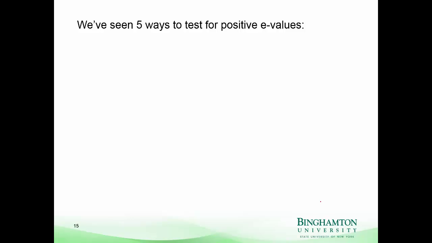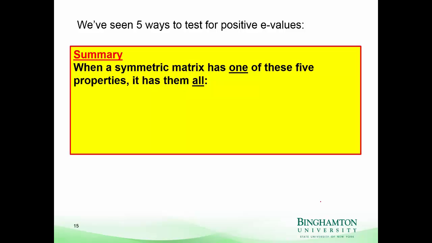So, summarizing the 5 different ways that we've seen to test for positive definiteness or positive eigenvalues: when a symmetric matrix has any one of these 5 properties, it has them all. These kinds of results are extremely powerful. You show that you've got a matrix with this one thing, boom, you suddenly have 4 additional characteristics established.